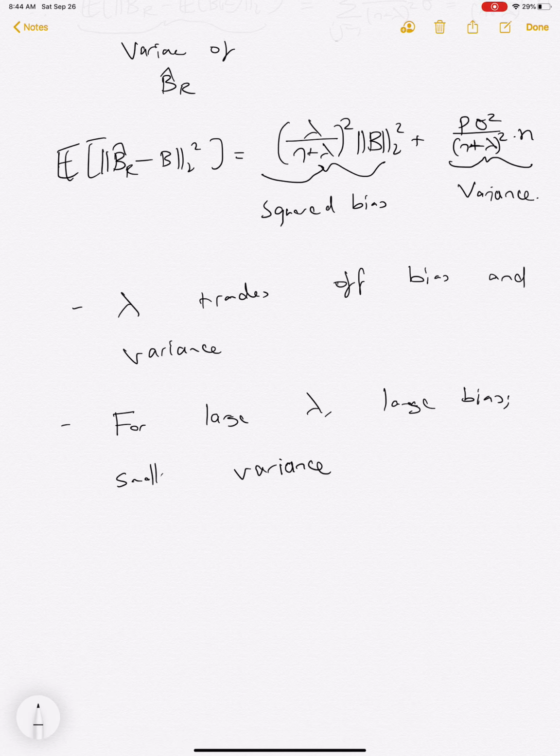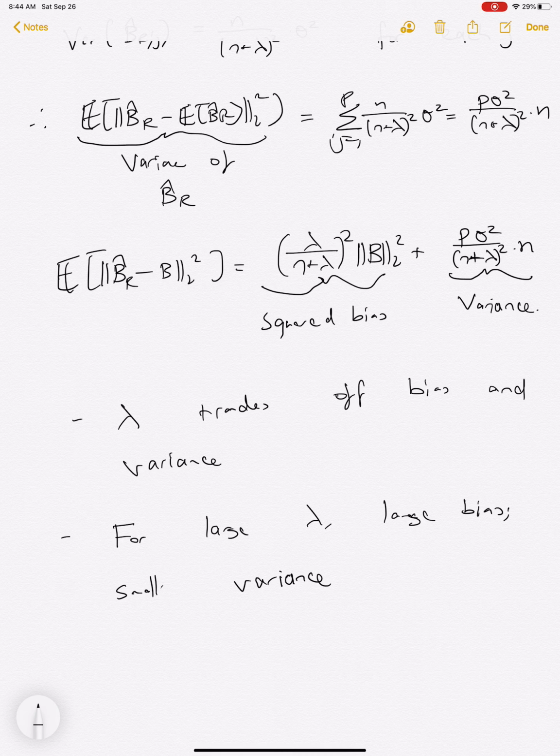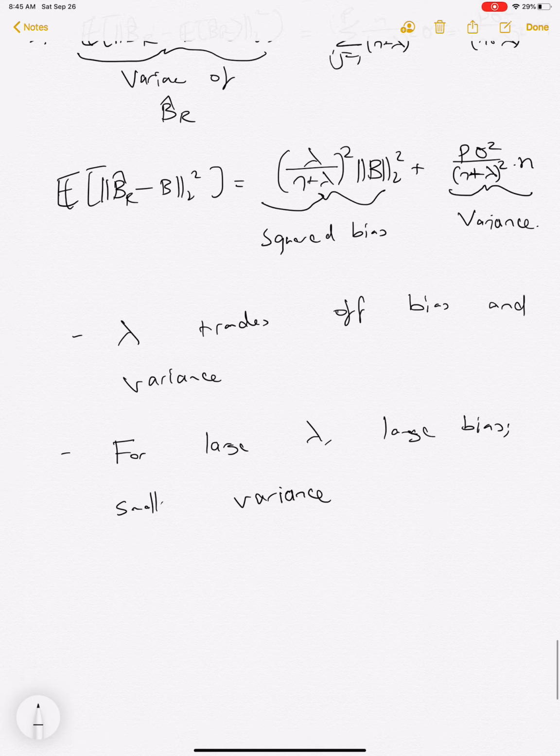Because in the above expression we have an n plus lambda squared on the denominator, and so as lambda gets bigger, that variance is going to get smaller. But on the other hand, if you make lambda bigger, this is clearly going to be a function where as lambda grows, the bias is going to get bigger.